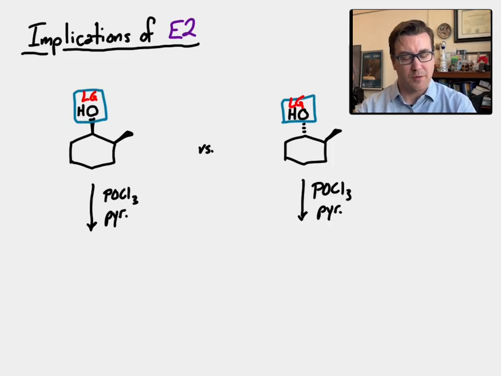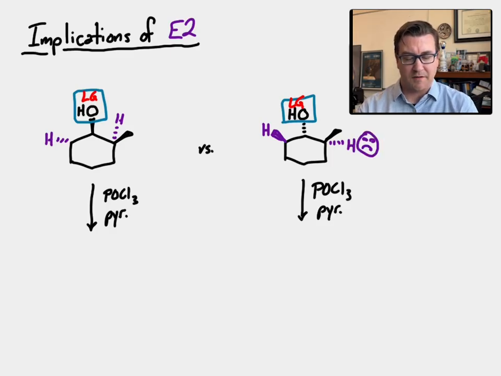And so we need to look to what protons are anti-periplanar to this leaving group. In this first example, you have 2 protons that are anti-periplanar. In this other example, you actually only have 1 proton that is anti-periplanar. This one's coming out of the plane at you, this one's going away. Again, these 2 are syn to each other, and so that is not as favorable for an elimination reaction.